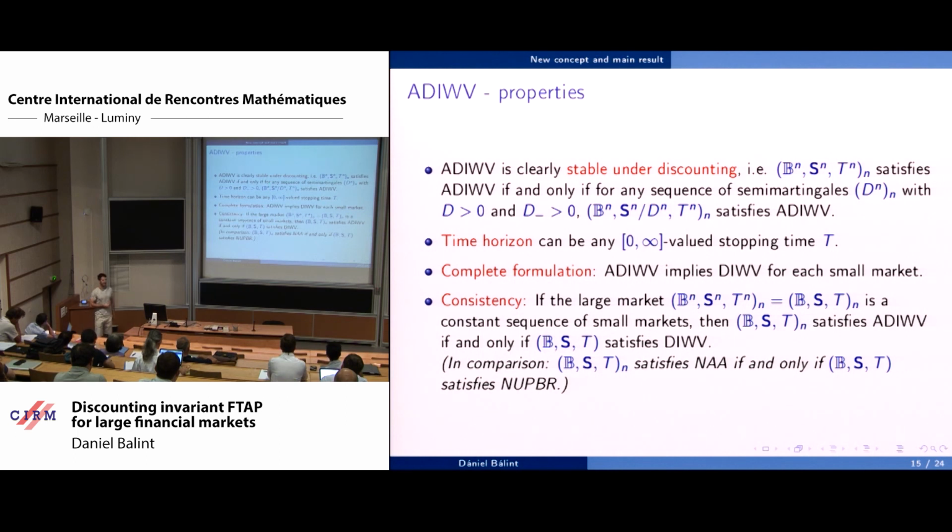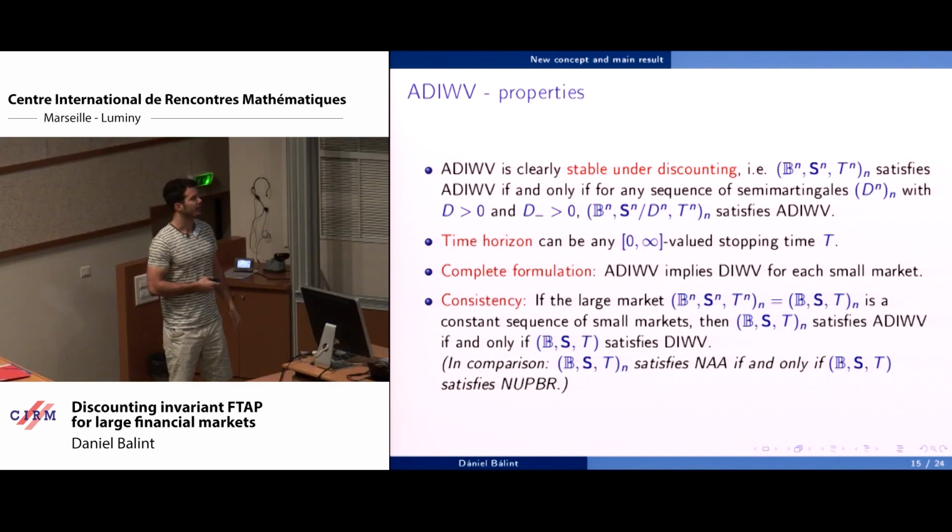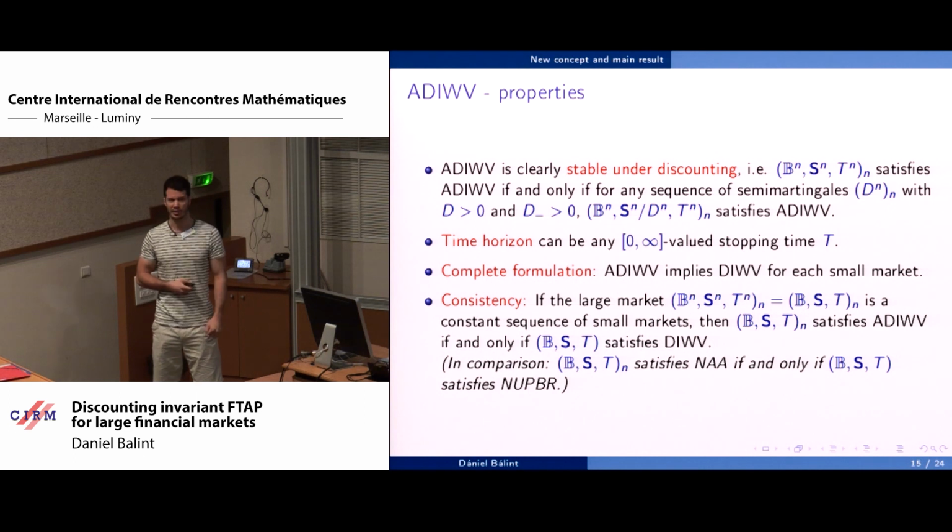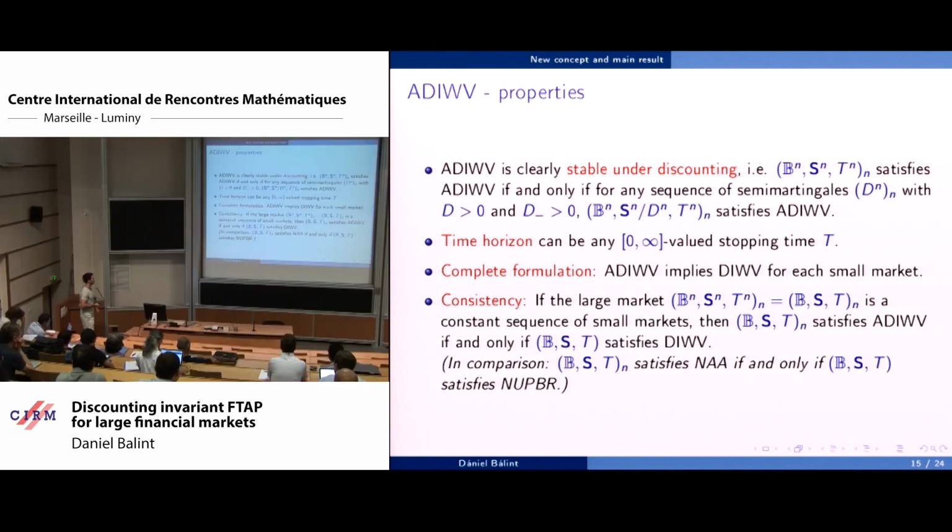Most importantly, it is stable under discounting, by which we mean precisely that if a large market satisfies this viability property, then and only then any version of this large market discounted by this D, which has these positivity properties, also satisfies our asymptotic viability. Some other features: the time horizon can be any stopping time, even infinity. It has a complete formulation, so asymptotic viability implies viability for each small market, and it also has a consistency property, which I won't elaborate on right now.